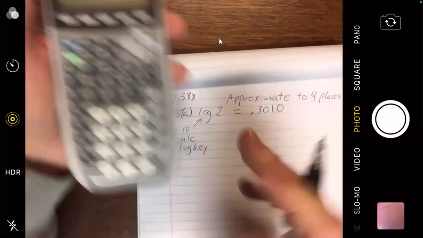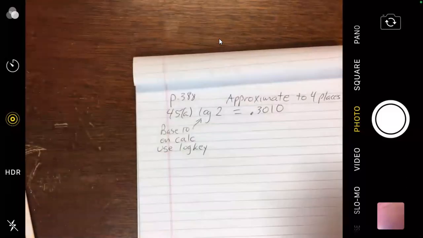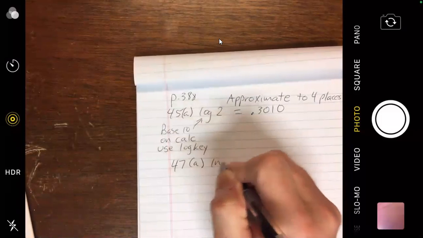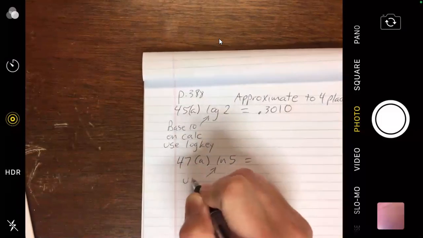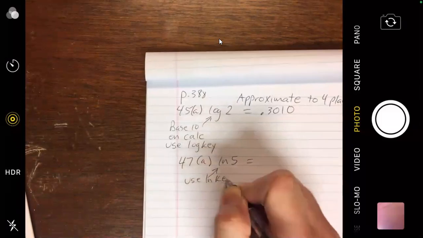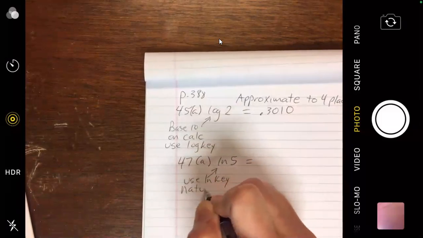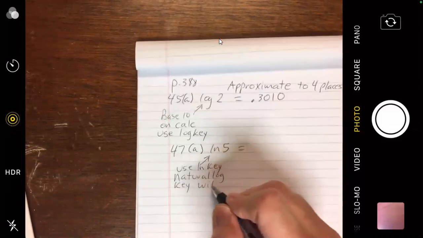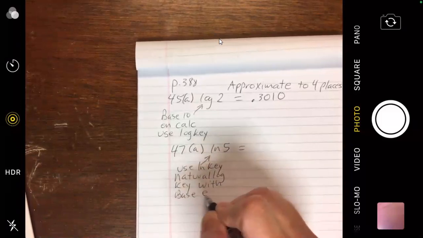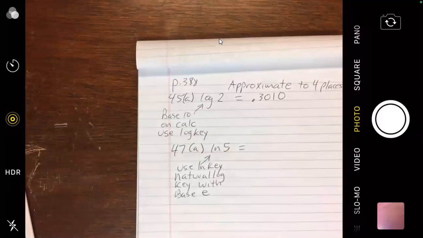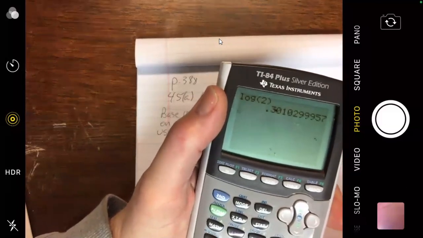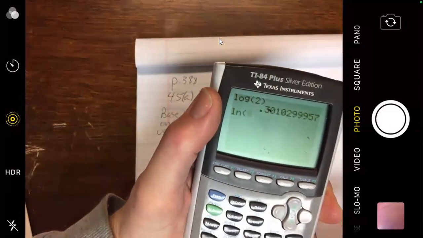In 47A, ln of 5, use your ln key. That's your natural log key with base e. ln then 5.